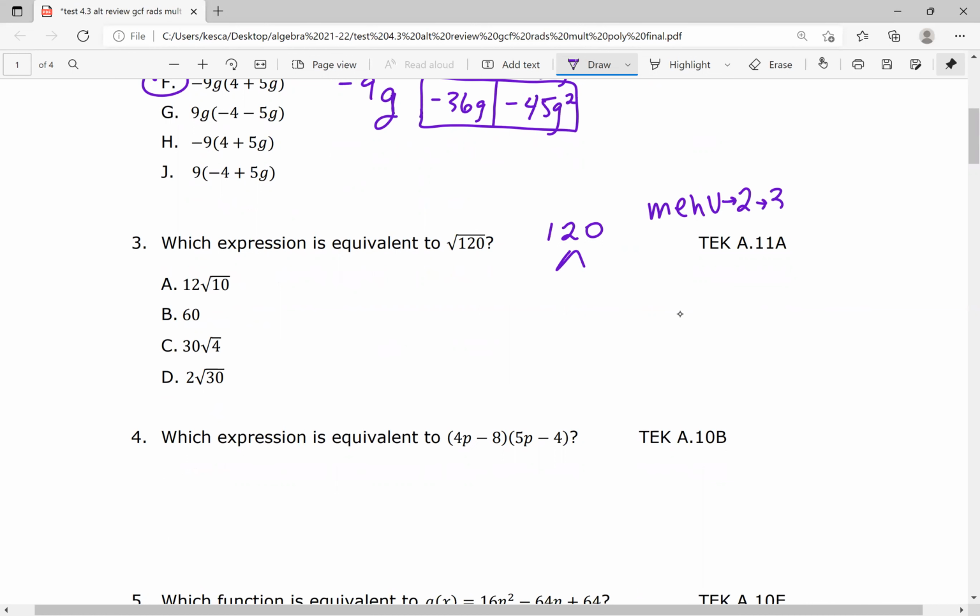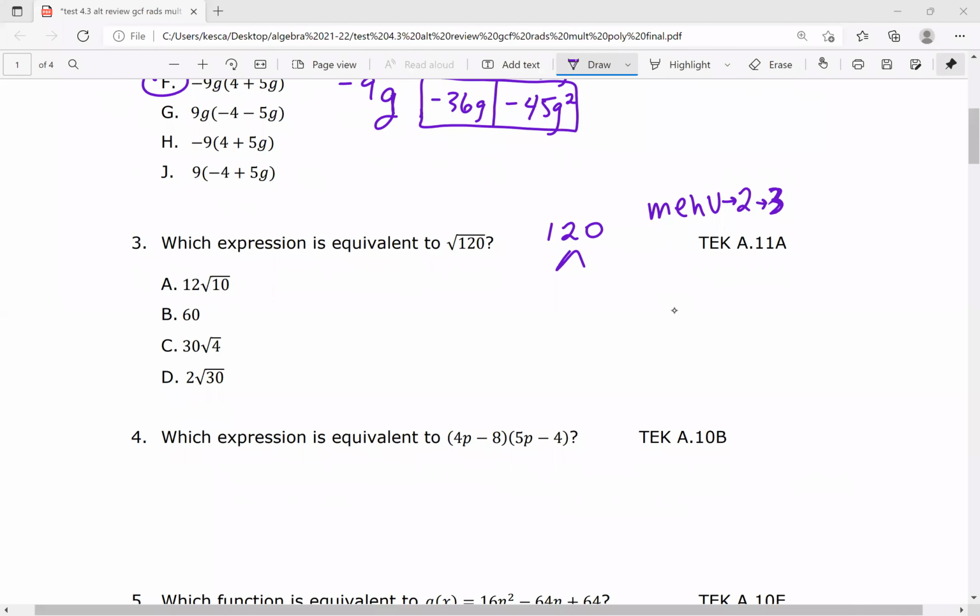So menu and then number, and then 3 is for factor. So menu, number, factor, and this is just on the regular calculate screen, and it will get you the prime factors of 120. So if I do menu 2, 3 and put 120 in there, I get 2 to the power of 3 times 3 times 5.